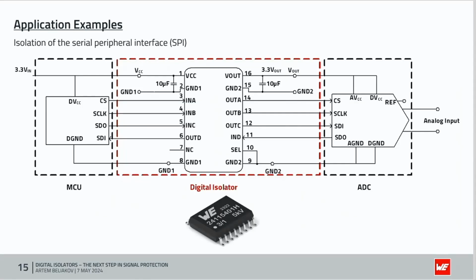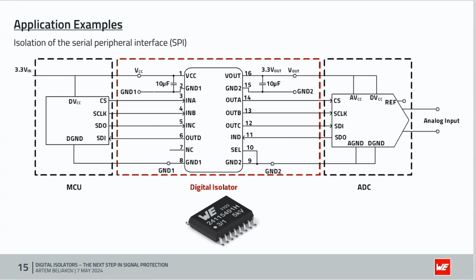Next. On this slide, you can see isolated structure of SPI interface. On the right side, you can see some microcontroller. On the left side, you can see some microcontroller. On the right side, you can see analog to digital converter and digital isolator in the middle. This is 4-channel digital isolator with 3-1 channel configuration.